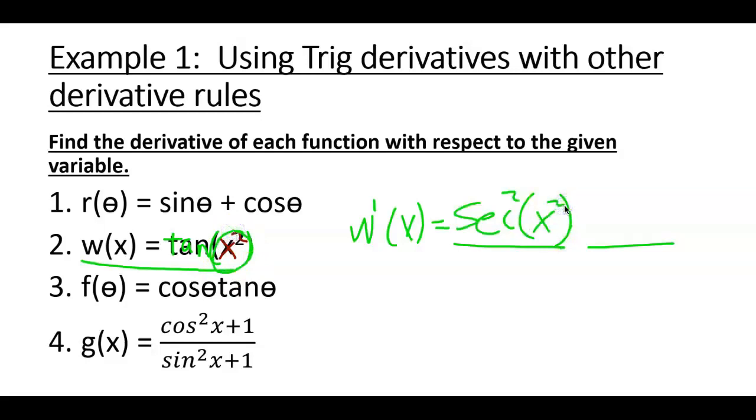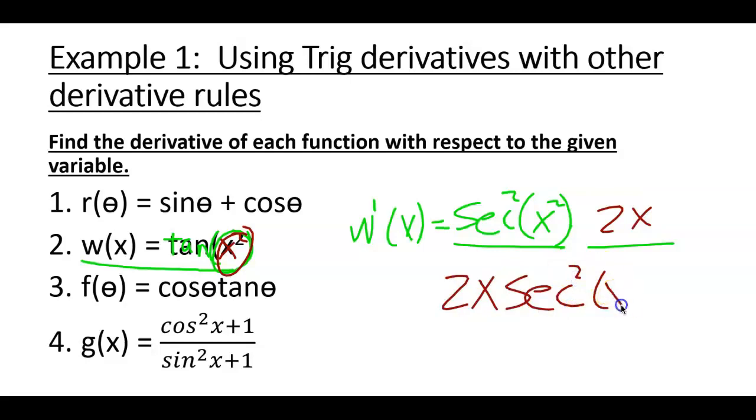Don't change the inside. And then we multiply that by the derivative of the inside, which is 2x. And usually when you write these, the monomials, 2x, goes in front of the more complicated parts of the expression. So there's our final answer for the derivative of w x. So that's a chain rule.